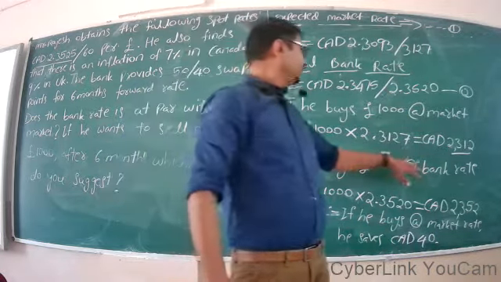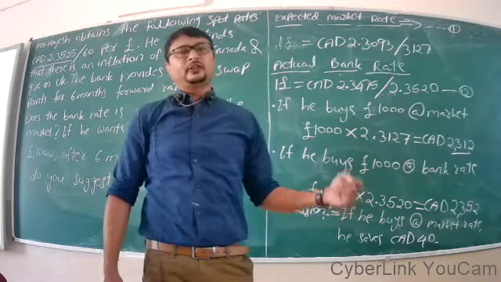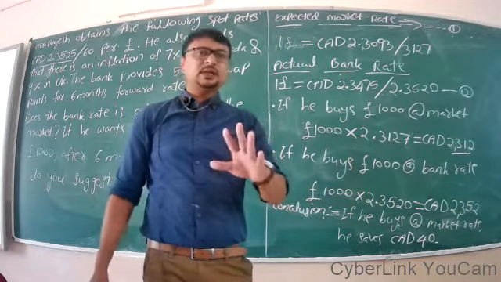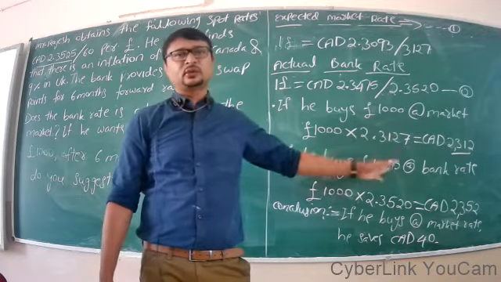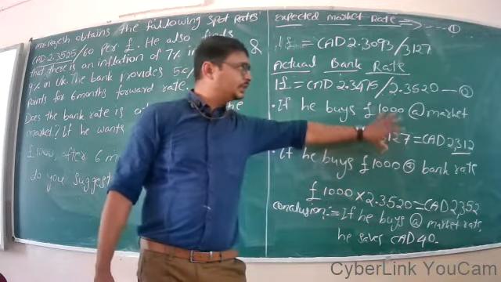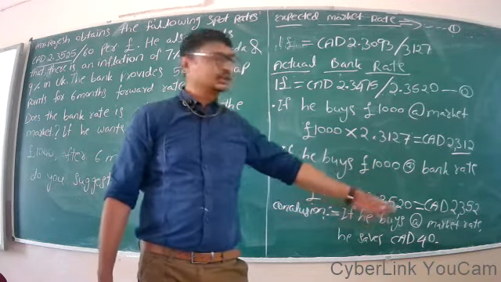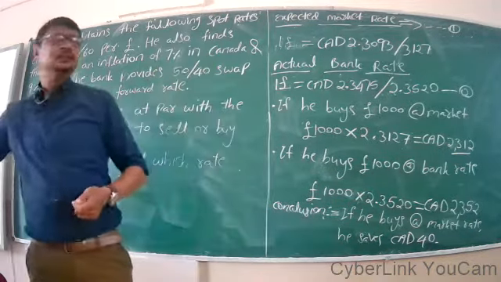Because if he buys it from the bank, he has to shell out 2,352 Canadian dollar. The same 1000 pound he buys at the market rate, he has to pay only 2,312 Canadian dollar. Now the difference between these two, if he buys it at the lower rate, he saves 40 Canadian dollar. That's what they are asking.